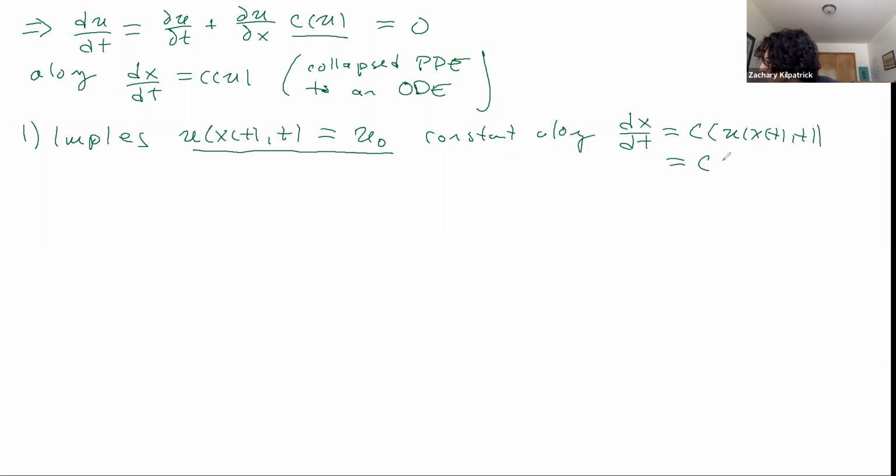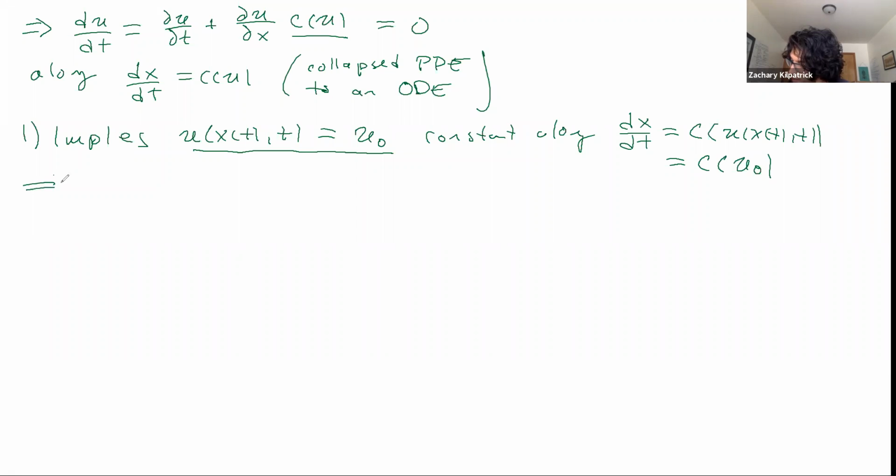It's equal to this constant, just u0, okay? So now I have two ODEs that are involved, right? I have the ODE for u, and I have the ODE for x, okay? So I've taken my PDE and I've turned it into two ODEs that I can hopefully solve, okay?